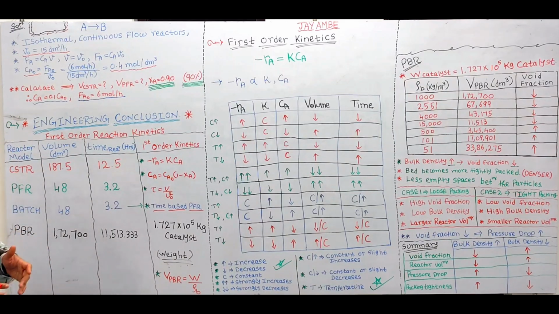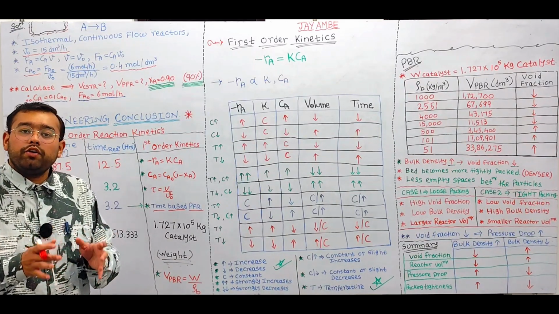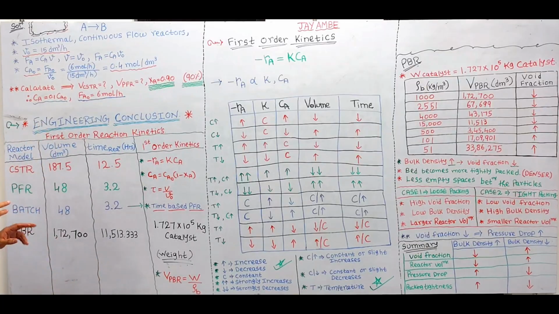So in the second comparison we have one continuous flow reactor, the plug flow reactor, and the batch reactor. In order to increase the manufacturing of chemicals and the productivity, we will prefer the continuous flow reactor, the plug flow reactor, in comparison with the batch reactor.